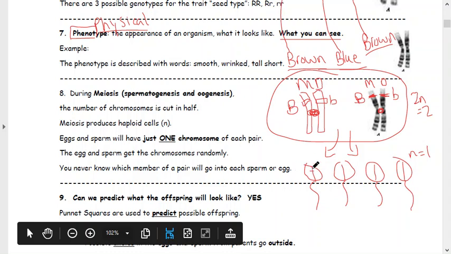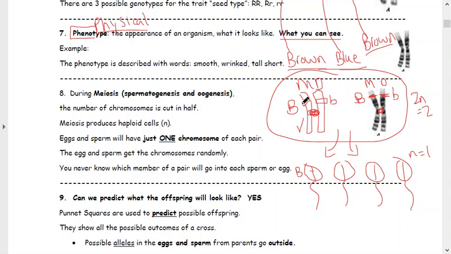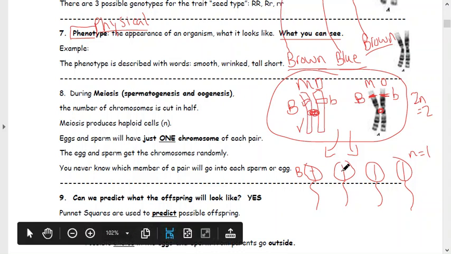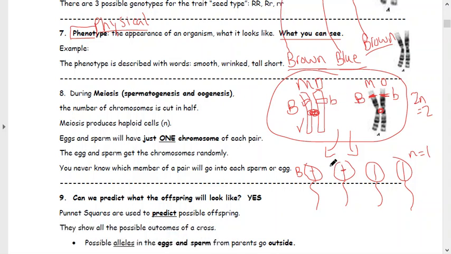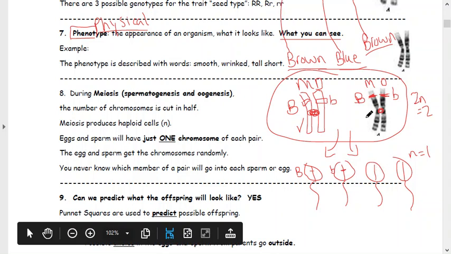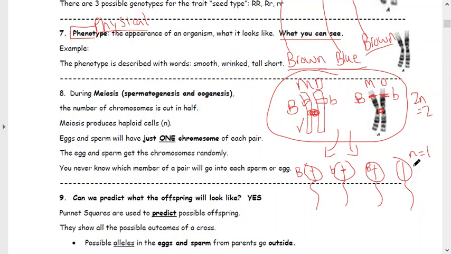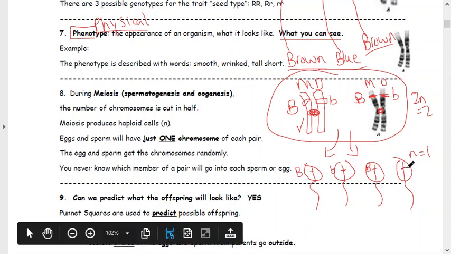So maybe this gamete gets that allele and that chromosome. Maybe this gamete gets this allele and that chromosome, so that would be lowercase b. Maybe this third gamete gets this chromosome right here, so that would be a dominant capital B, and maybe this last gamete gets this one.